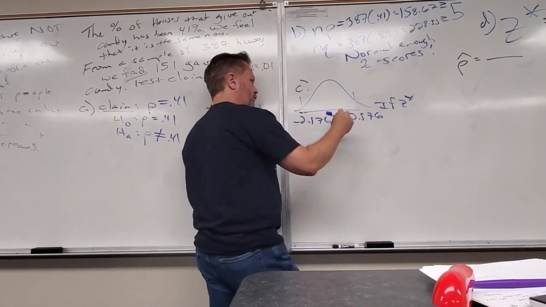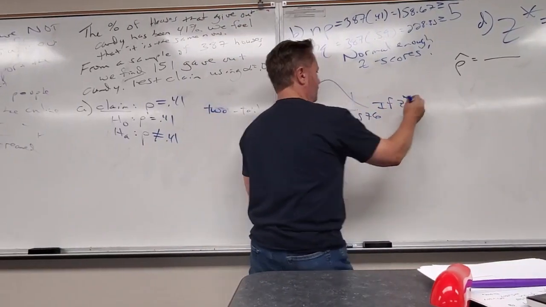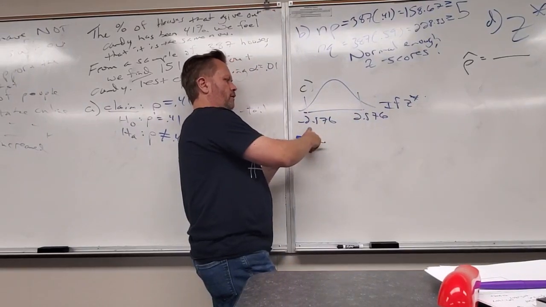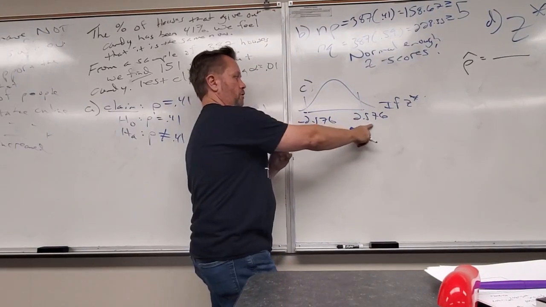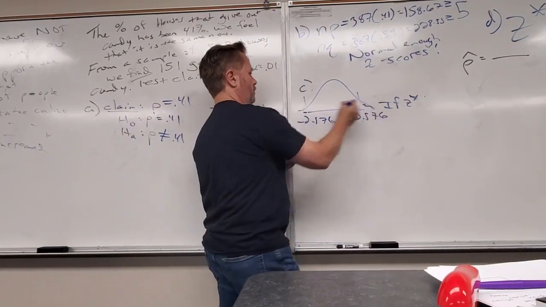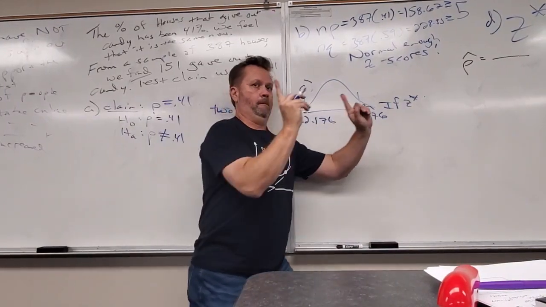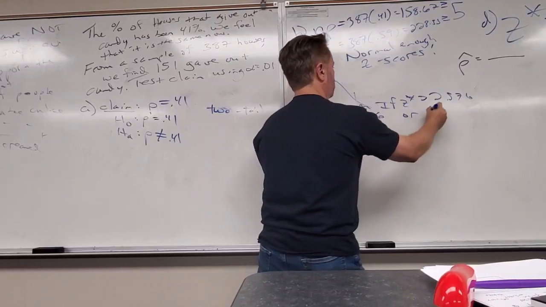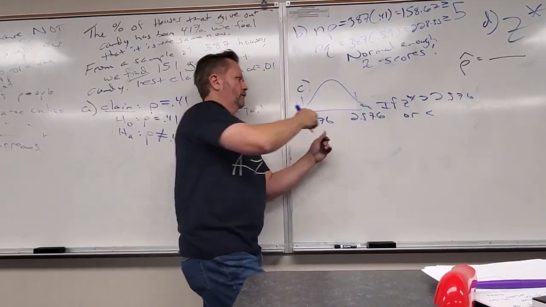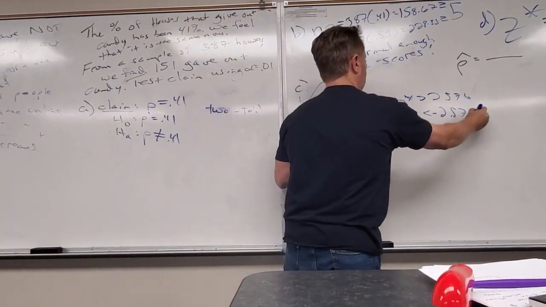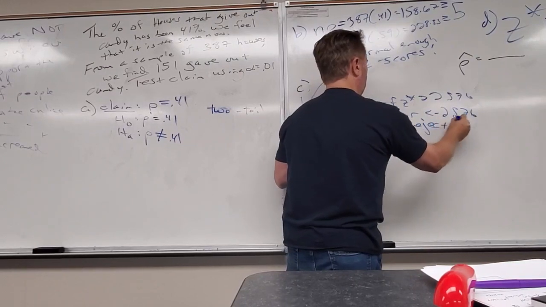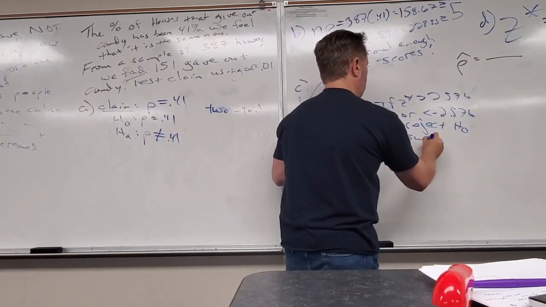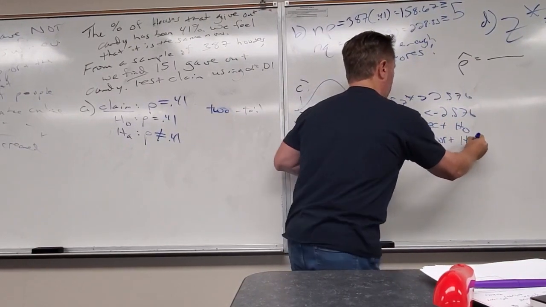So how do we get to the rejection region? You've got two ways to do it, right? Z star is greater than positive 2.576, or it's less than negative 2.576. We can reject the null, support the alternative.